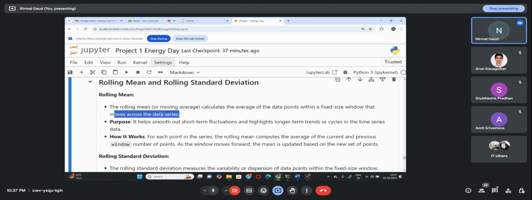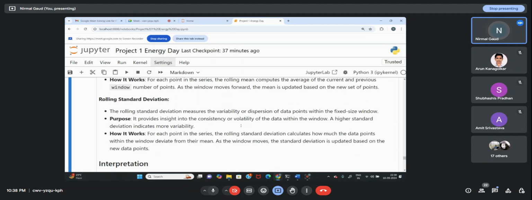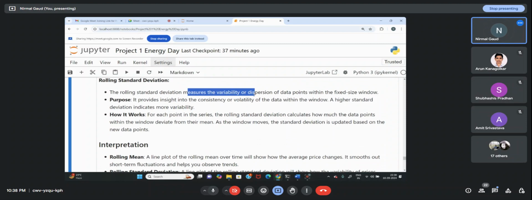That is rolling mean. It helps us in identifying short term fluctuations in the data. Also, you can take the standard deviation to analyze the variability in the data.